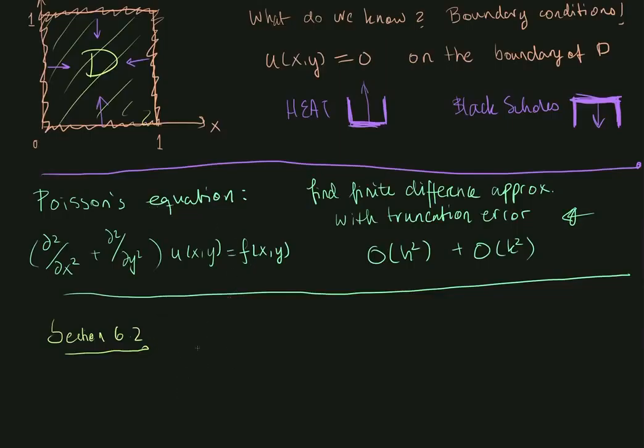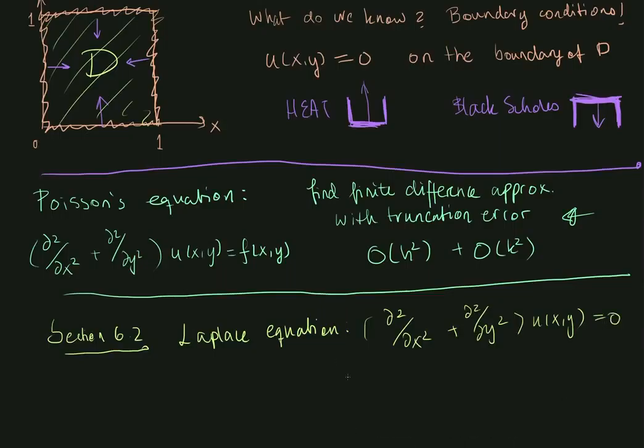In section 6.2, we study the Laplace equation, which looks exactly like Poisson's equation, but it's a special case in the sense that we set the right-hand side to 0. So the Laplacian of u equals 0. And then they solve this thing in the book.